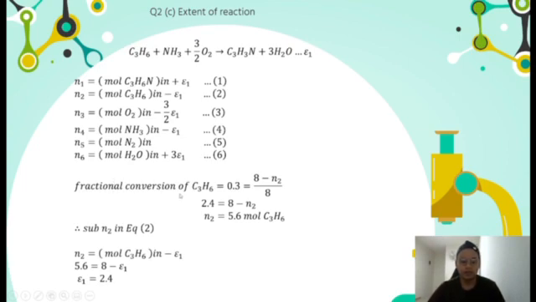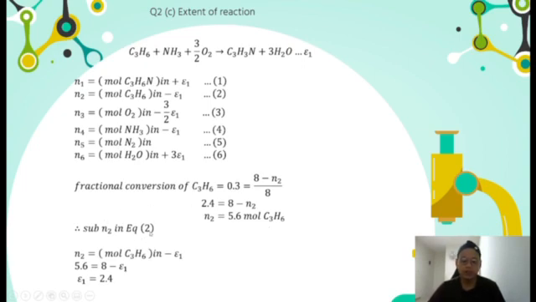Fractional conversion of C3H6 is equal to 0.3, equal to 8 minus N2 over 8. So 2.4 is equal to 8 minus N2, which is N2 is equal to 5.6 mol C3H6.